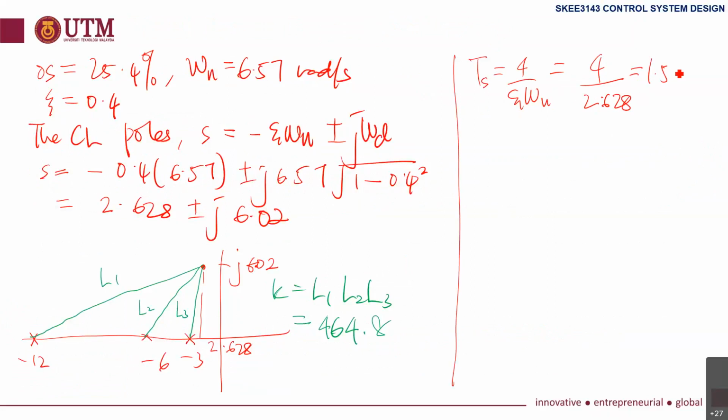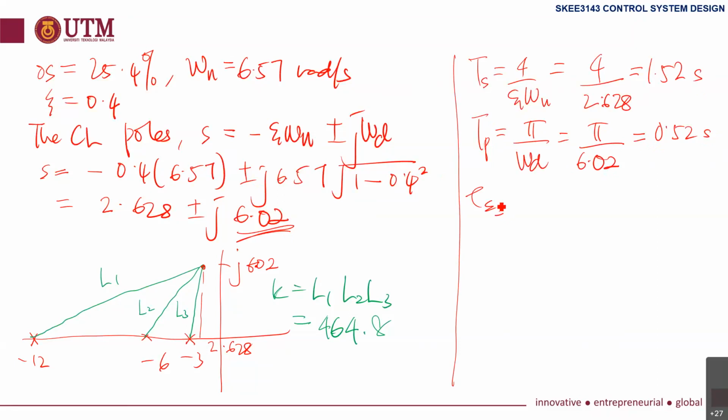If you calculate, it is 1.52 seconds. Peak time is pi over omega d. Omega d is 6.02, so the peak time is 0.52 seconds. And error.